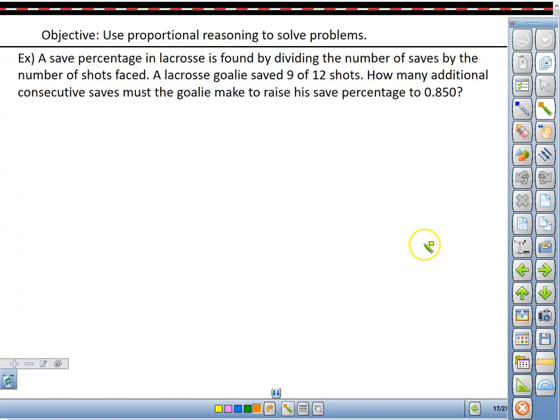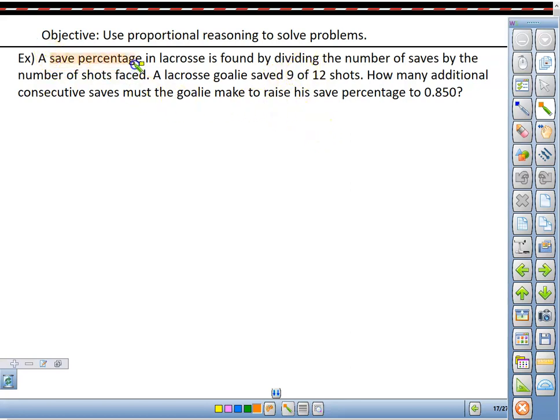So in this problem, we have a save percentage in lacrosse is found by dividing the number of saves by the number of shots faced. So anytime we're doing a division of two quantities, we're creating a fraction or a ratio, and then that's what we're going to look at changing.